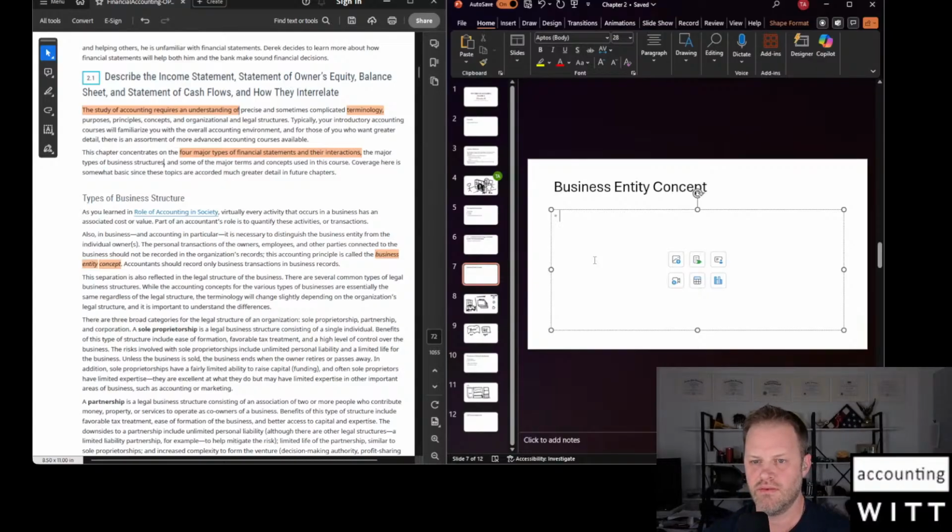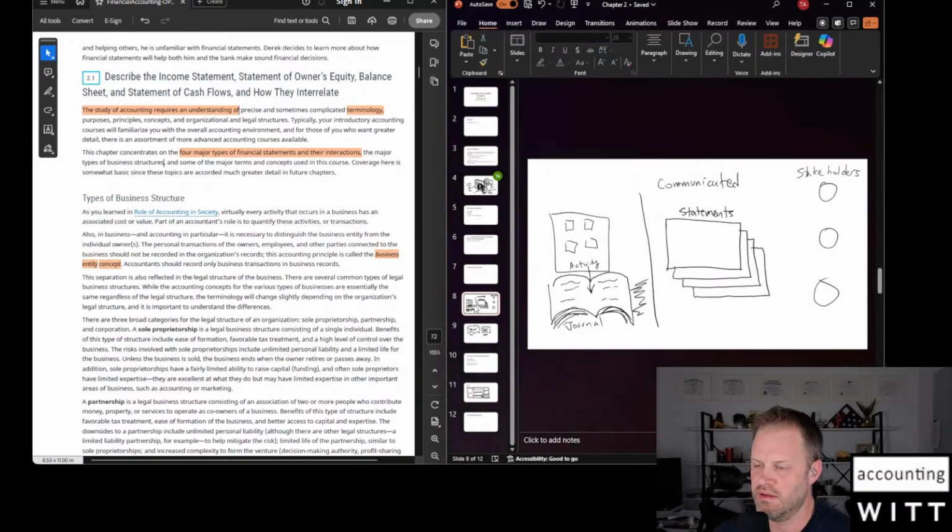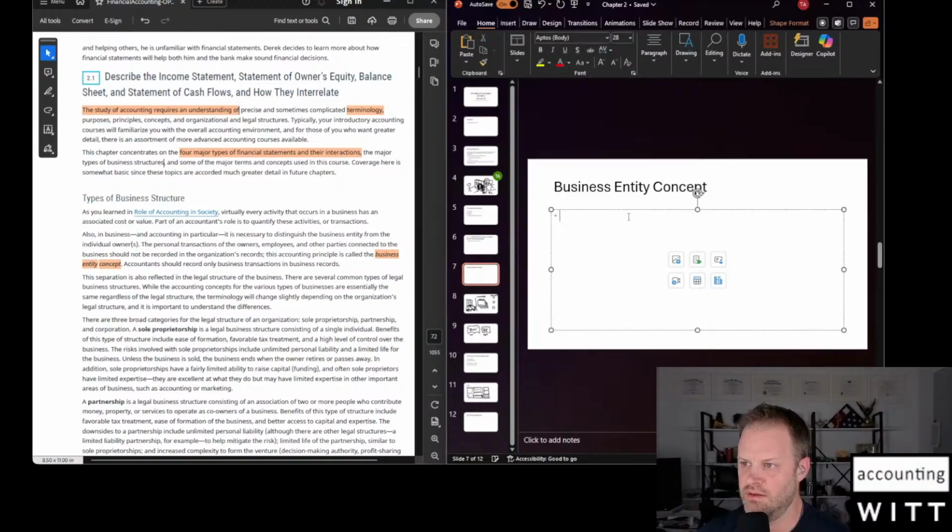And why that's important is because a business has activity that's recorded in a journal, and to do that accurately, you've got to have this concept of whose journal is it? So let's say it that way. Whose journal is it?